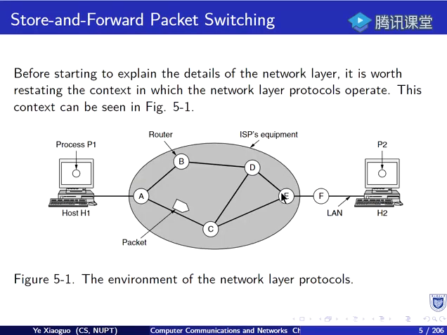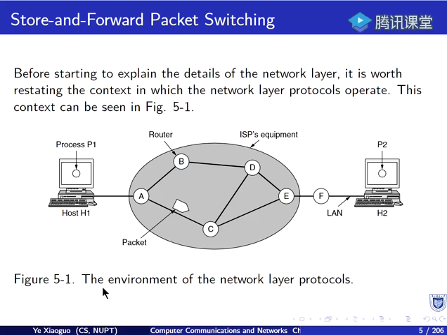Before starting to explain the details of the network layer, it is worth restating the context in which the network layer protocols operate. This context can be seen in this figure.